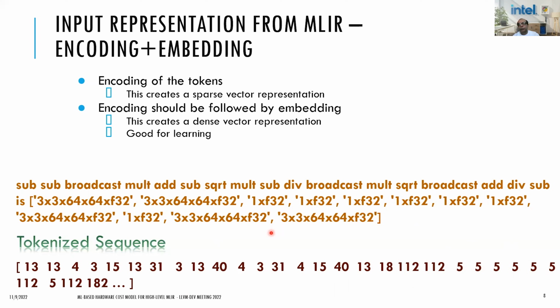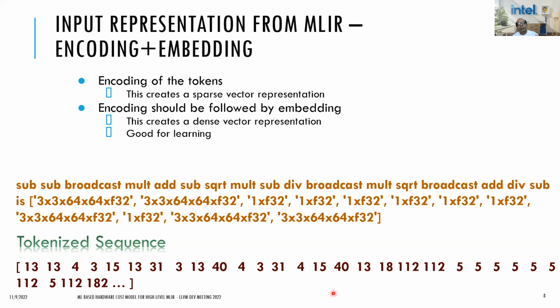Now, in general, people who are familiar with modeling for machine learning know that this kind of encoding creates a very sparse vector representation, which may not be good for your models or training. So once we do this encoding, it should be followed by something called an embedding, which creates a dense vector representation and is also good for learning.